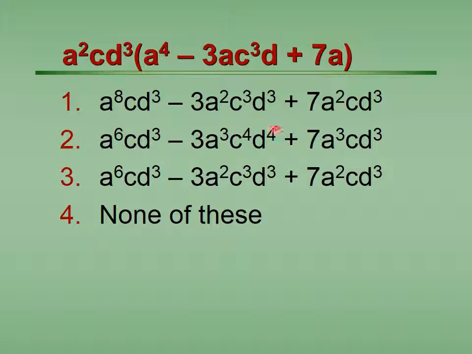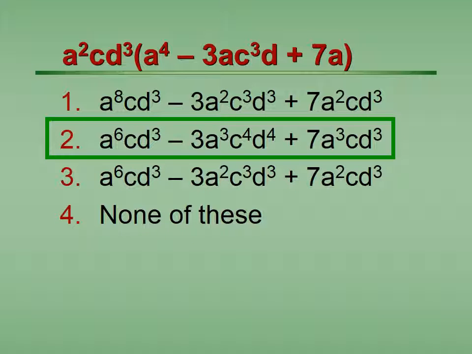So I'm going to have negative 3, here's a cubed, c squared, d to the fourth. So let's see, we said a cubed, c to the fourth, and d to the fourth. So it looks like option 2 is what we want. But let's go ahead and do the whole thing. So a squared c d cubed times 7a. So we should have 7a cubed c d cubed, which looks like that is option 2.